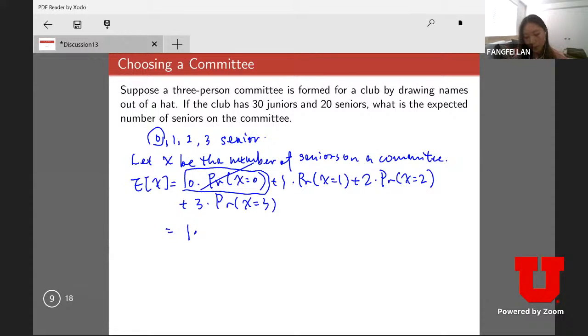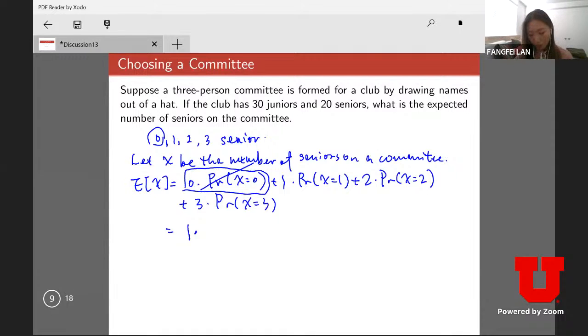How do we compute the probability of having 1 senior on the committee? I think for this one, it's easier to think of it as counting. So you're choosing how many from how many. Think about the sample space and then the events.